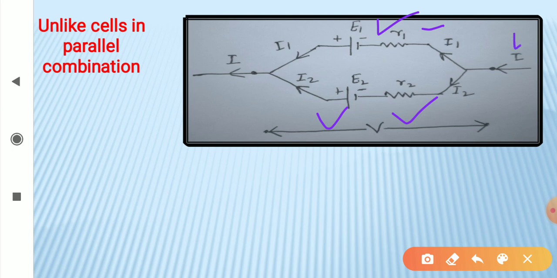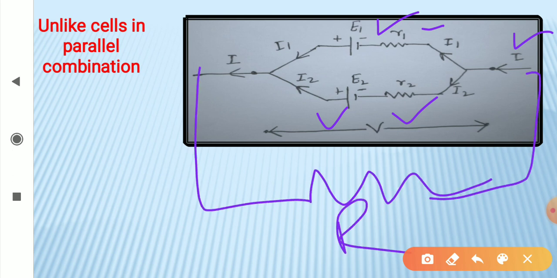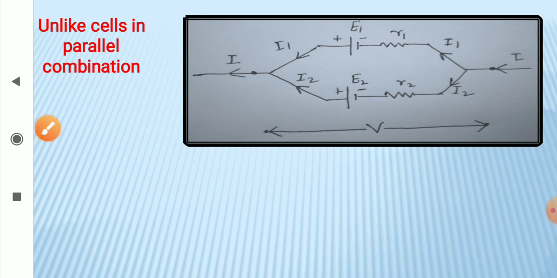Now if current I is entering the circuit, supposing we have some external resistance R connected here, right? And current I is in the circuit. Now this I1 goes to E1, and from here this I1 went here. Cell E1 gave current I1. We can look at it this way once again.